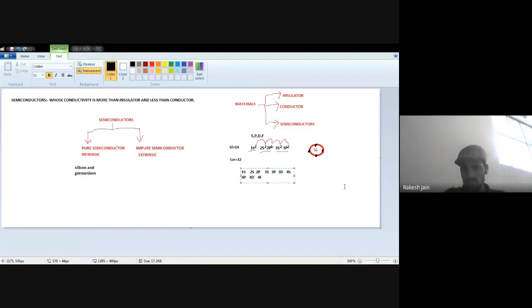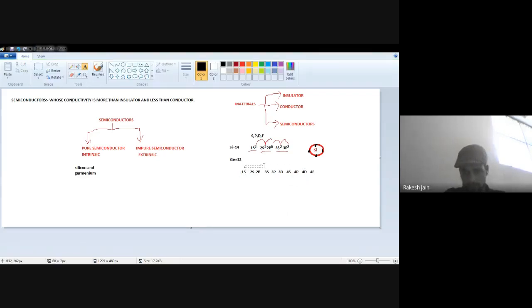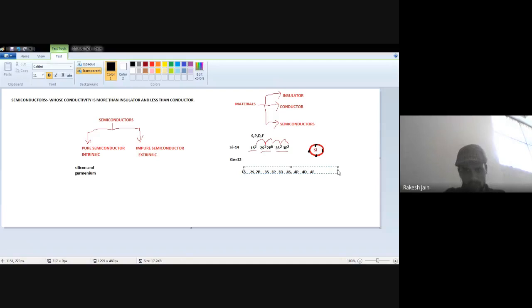Now for germanium: 1s holds 2, second orbital s also holds 2, p capacity is 6, then the third orbital s holds 2, p holds 6, d holds 10.